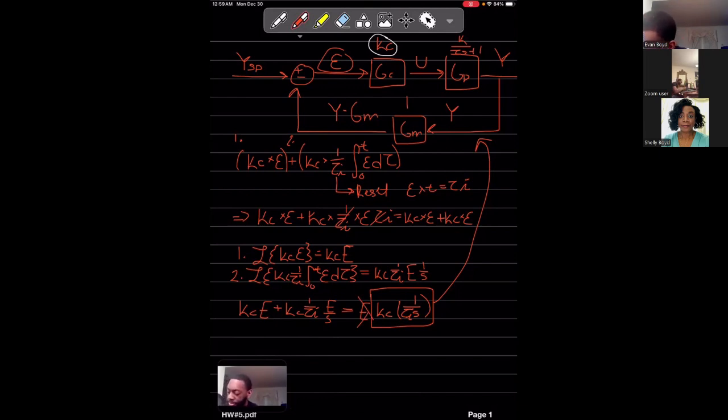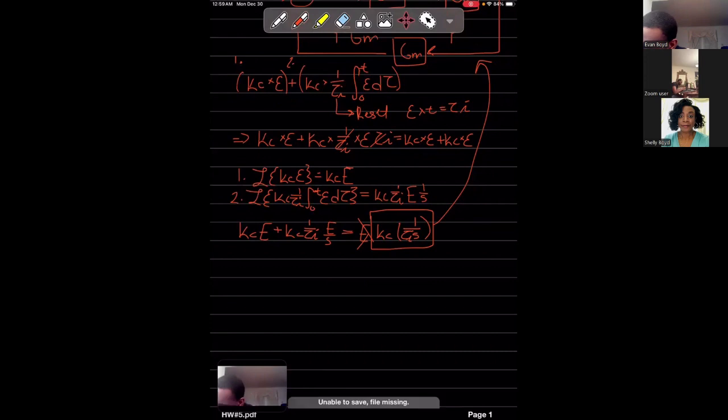Okay. So now if we make our overall equation, we know that our set point times our closed loop function is equal to our output. Okay.